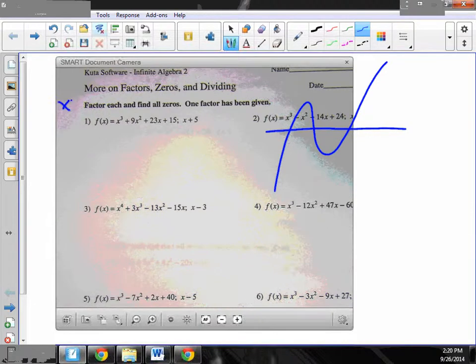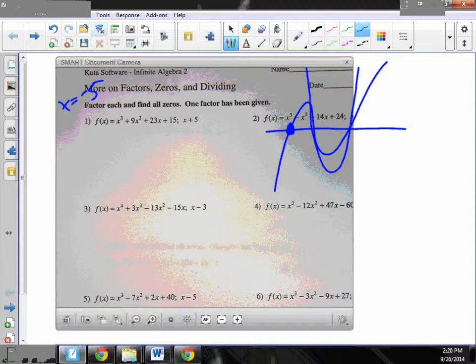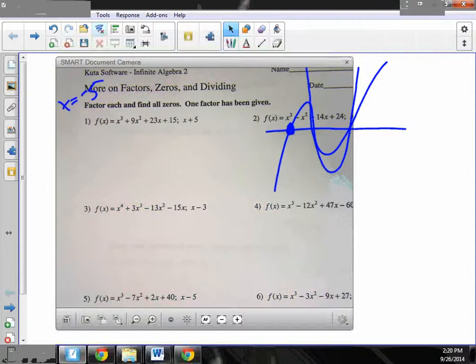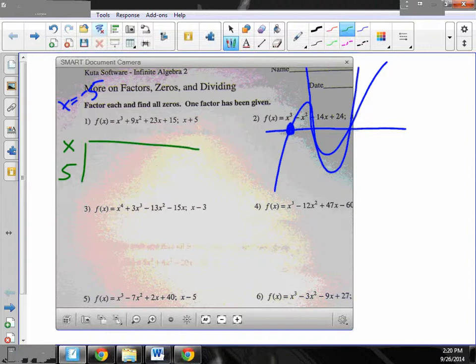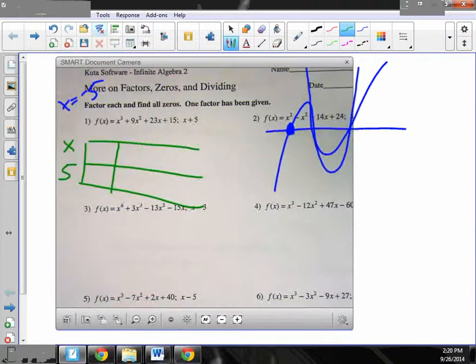So x equals -5 is one of them. If I divide, I'm going to end up with a quadratic, and that quadratic will hit right where those other 2 roots are. The root is -5. The factor is x plus 5.